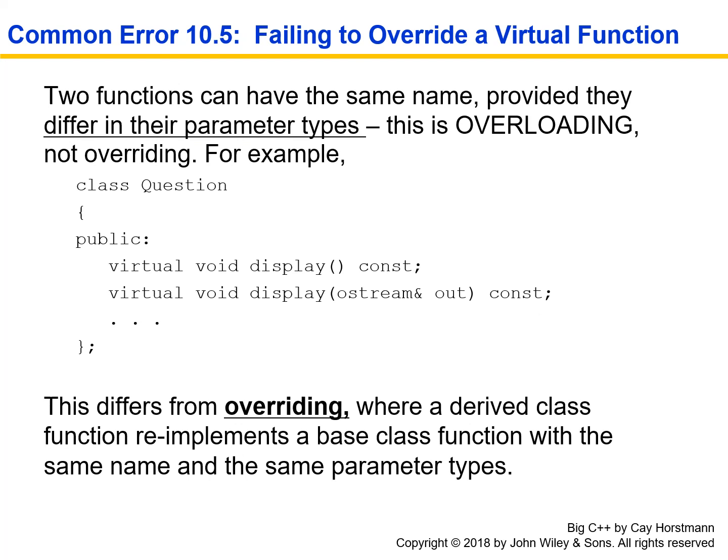Okay. Finally, 2 functions can have the same name provided they differ in their parameter types. That's overloading. We've talked about that last time. If you have virtual void display and virtual void display with an ostream, those 2 can exist simultaneously. That's not an override.